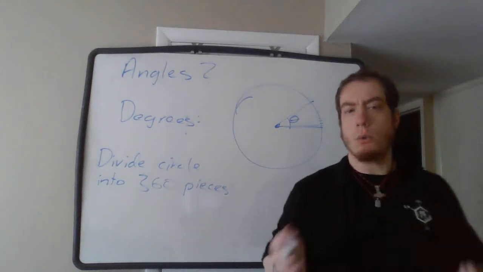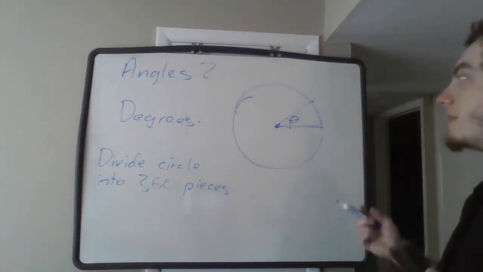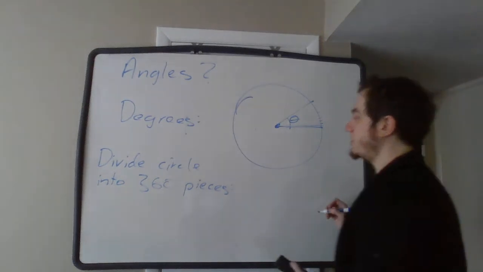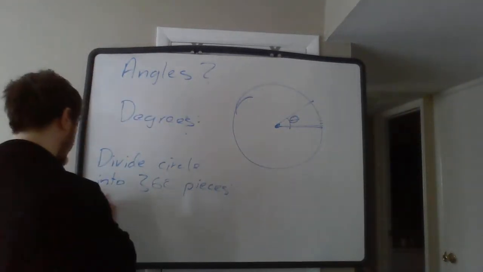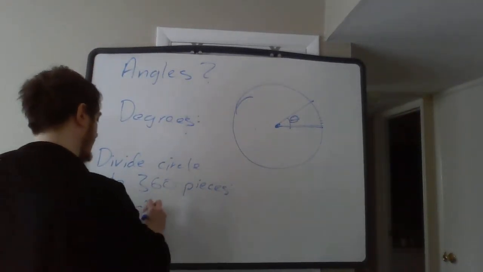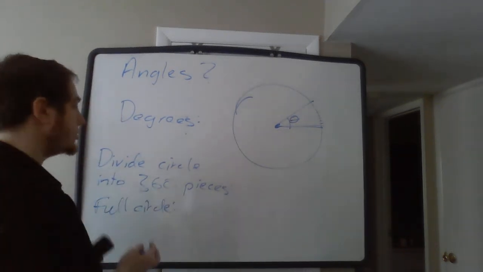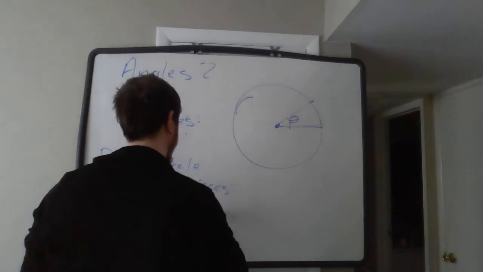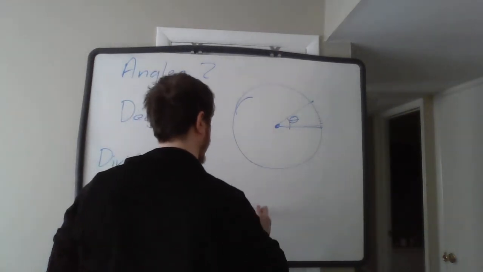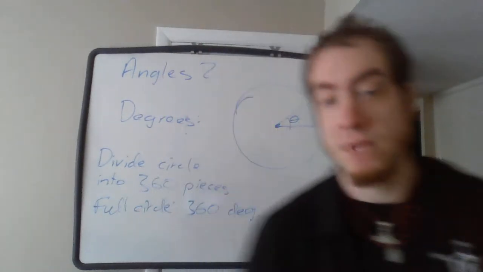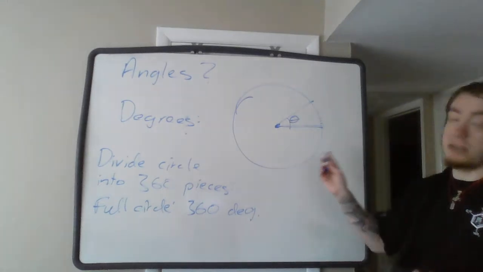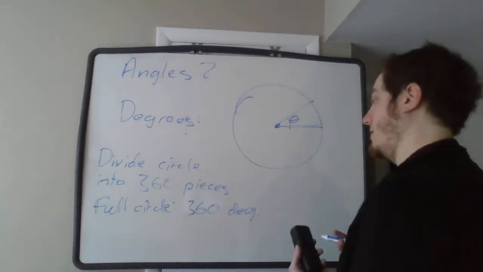So this is one of the ways that you've probably seen to measure angles before. And so a full circle, based upon the definition that we've given here, is going to be 360 degrees. That's just the way that we've defined the degree angle measure.